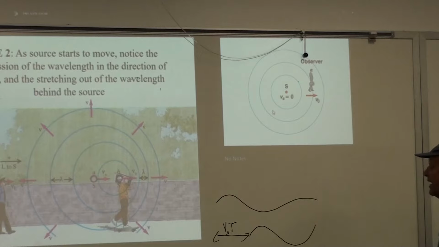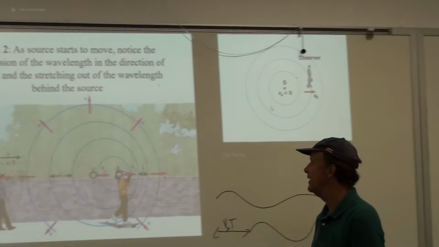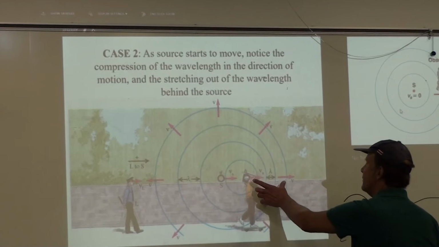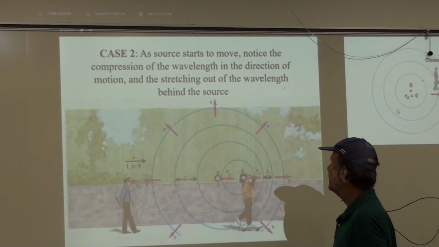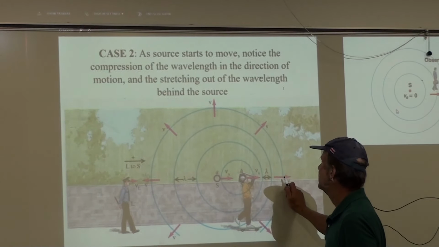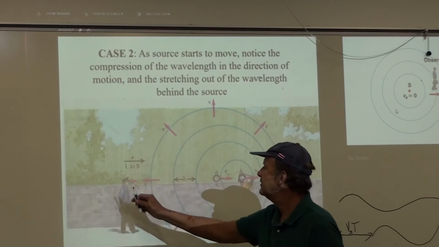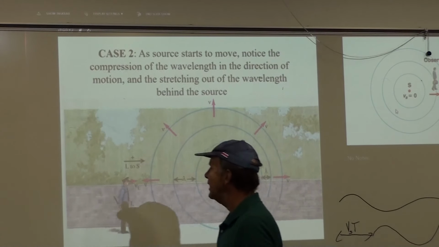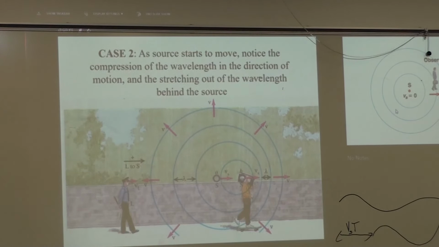And so we see what's happening here then is that because of this effect, it's not the velocity of sound that's being affected, because the velocity of sound is still moving toward the fixed observer. But what's being changed here is the wavelength. The wavelength is decreasing.